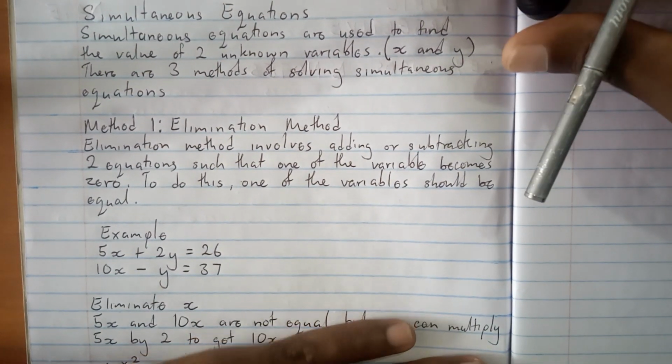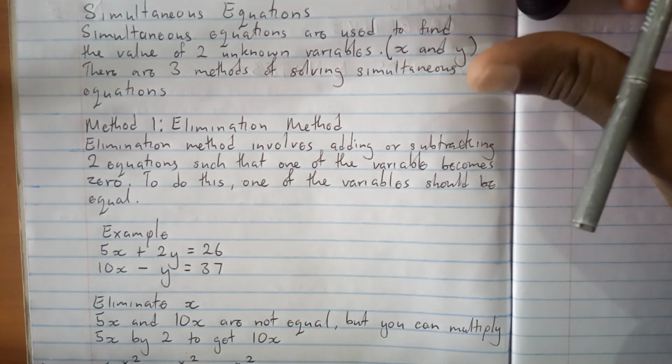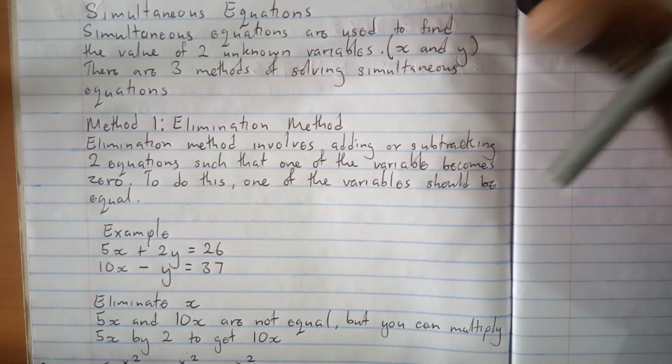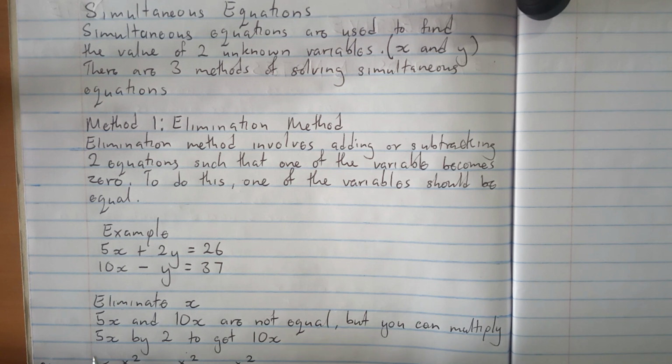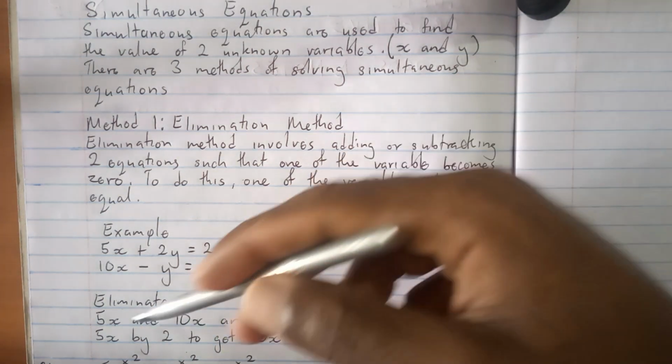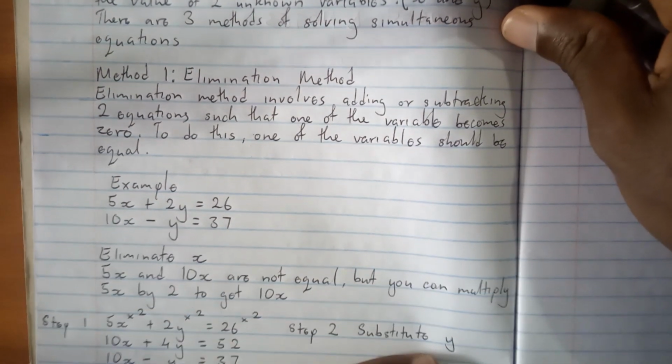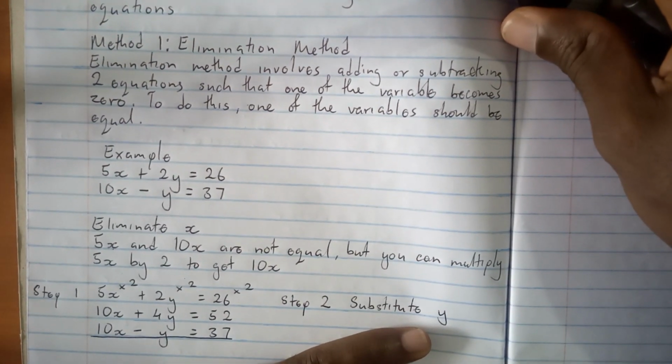By eliminating x, it means we have to make the x values equal. However, for x values, we have 5x and 10x, and they are not equal. But if we multiply 5x by 2, we get 10x. And that will mean everything is equal.